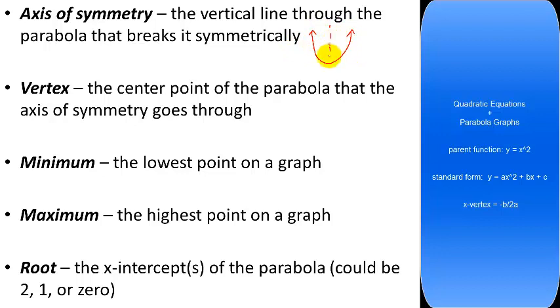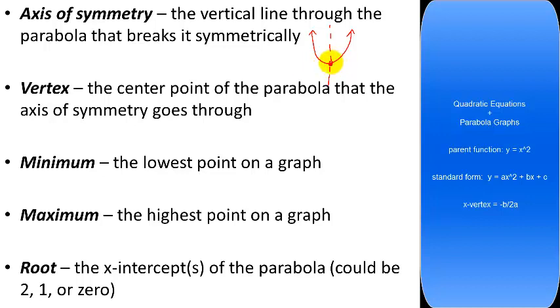So the axis of symmetry is a vertical line that goes right down the middle, and it goes through this point at the bottom of the parabola if the parabola is right side up, and this point right here is called the vertex. So on the next slide I'm going to show a big picture that has all this stuff labeled. So right now just write down these vocab words and then we'll draw the picture and label them in a second. The vertex is the center point that the axis of symmetry goes through.